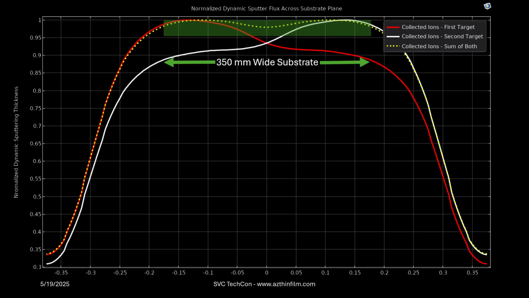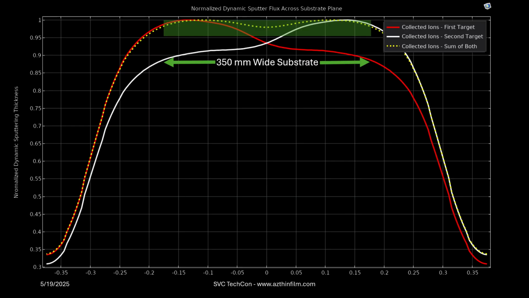There's going to be a change in the index of refraction through the thickness of the stack of the two targets onto the substrate. So where I have a really high deposition rate, I'm likely going to have a fixed amount of oxygen or nitrogen, and so I'll have a high sputter rate to a lower reactive gas concentration.